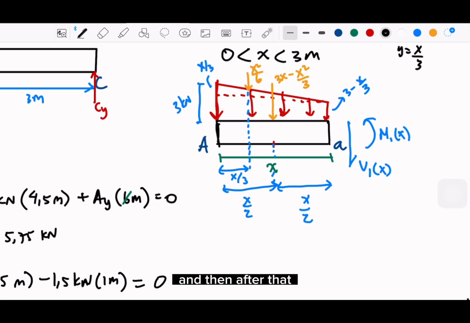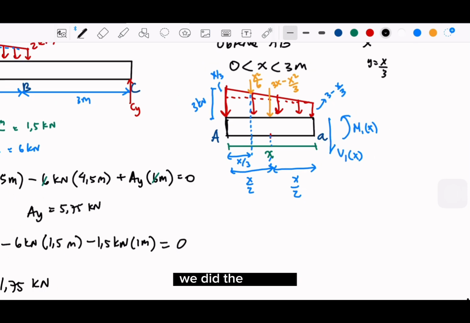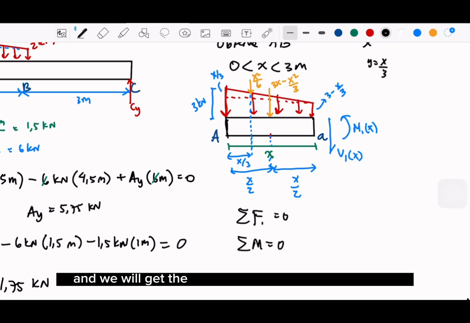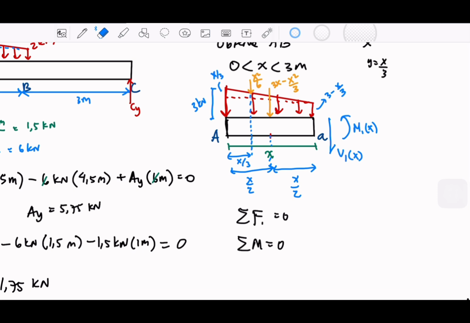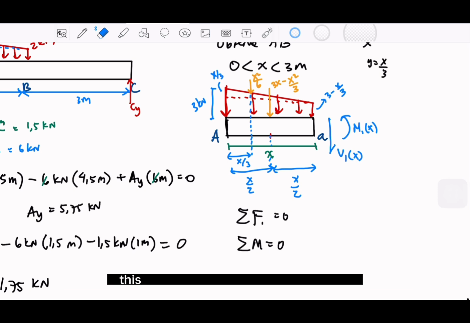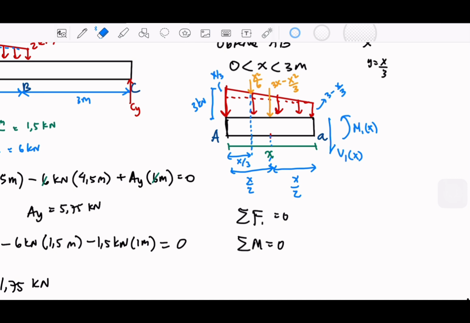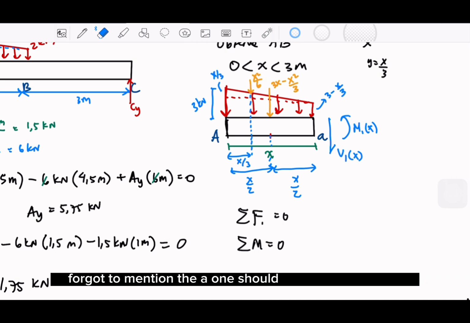And then after that, we did the sigma F and sigma moment, and we will get the equations all through this. So we have all the forces we need. So force, it will be this yellow one, and then we have AY here. I forgot to mention the AY should be mentioned there.